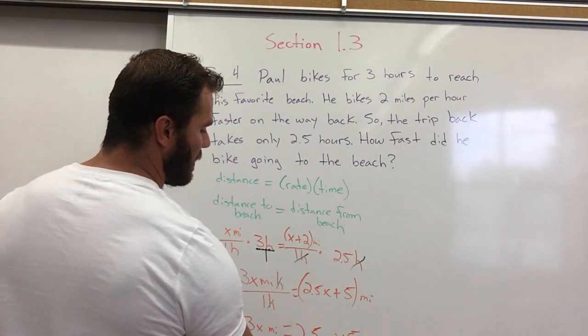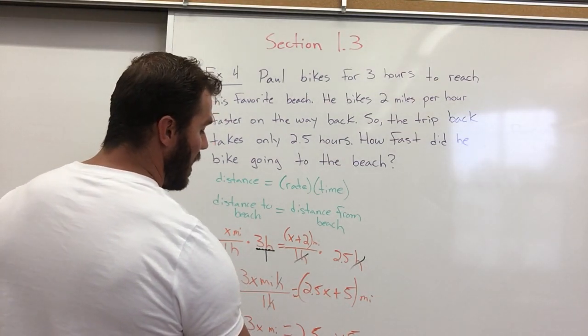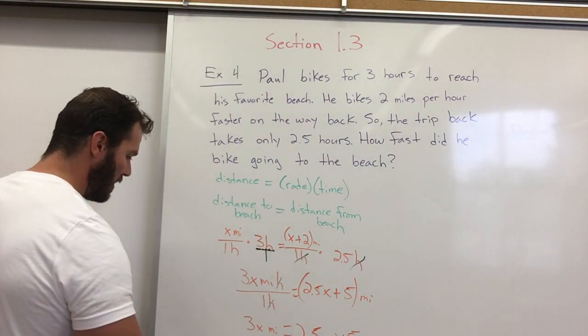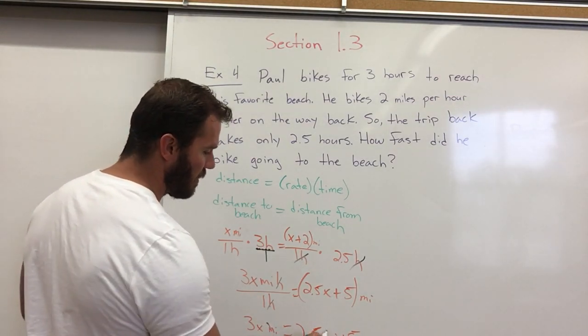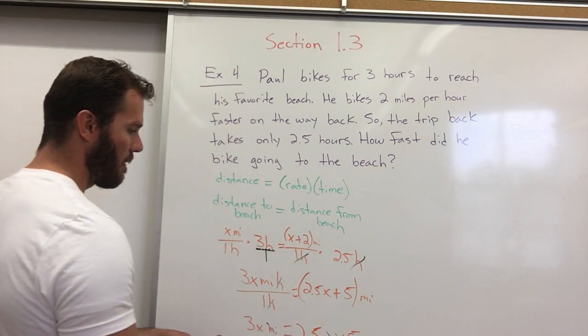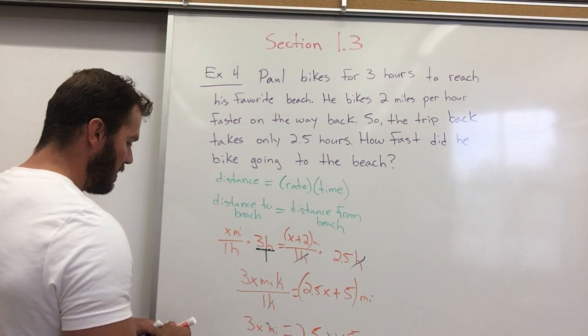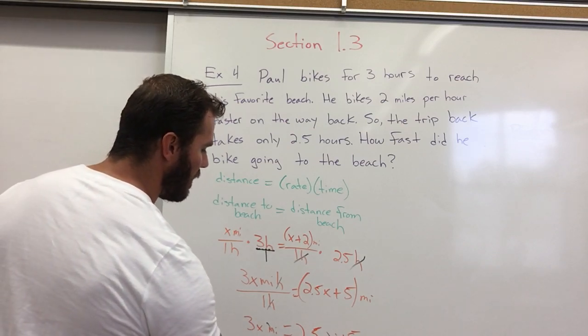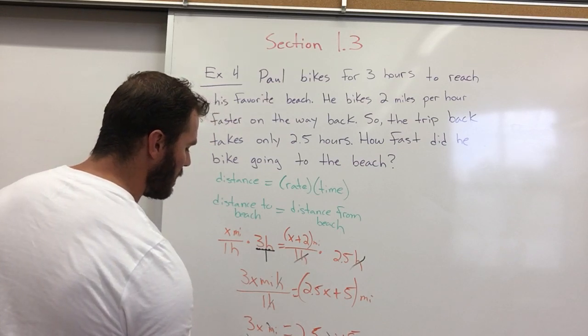Now look, if you have miles on all of these, they also will cancel each other out. There, let's eliminate that so that will stop being so confusing. Let's subtract 2.5x on both sides.